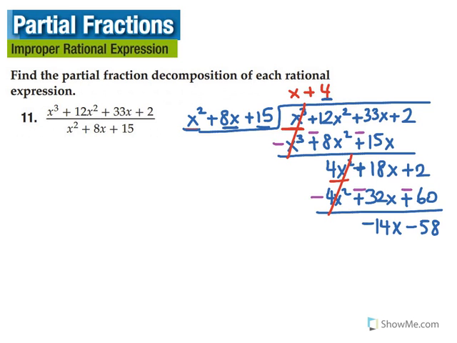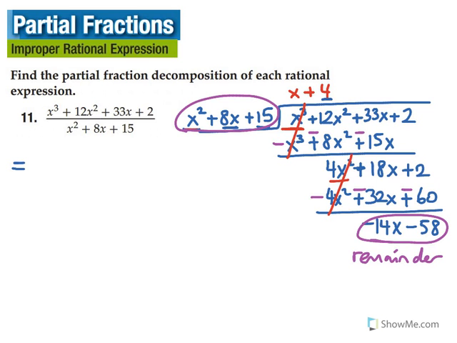Now we cannot go on, because what we have here, minus 14x minus 58, is of degree 1, whereas my expression here, which I divide, is of degree 2. So this is my remainder, and I should stop here. Now, how am I going to write the simplified form?